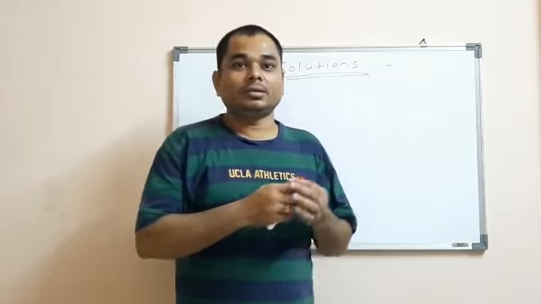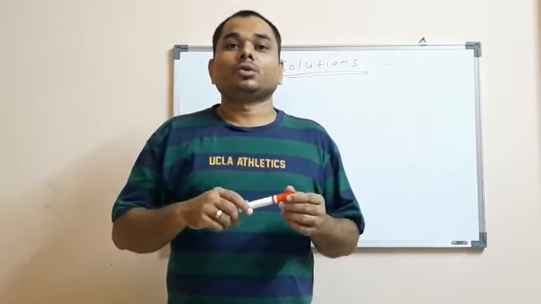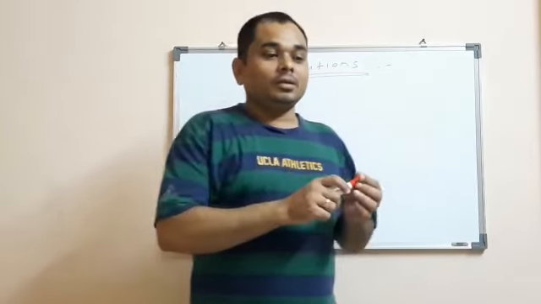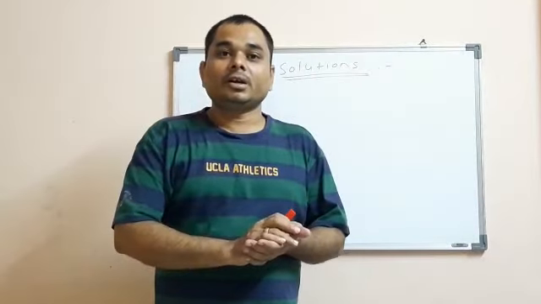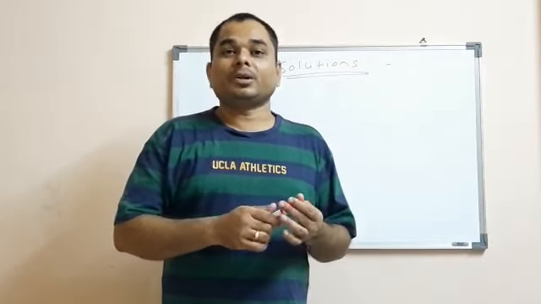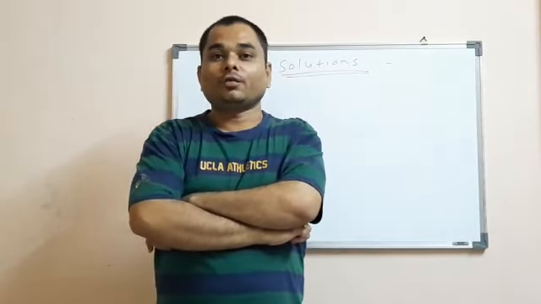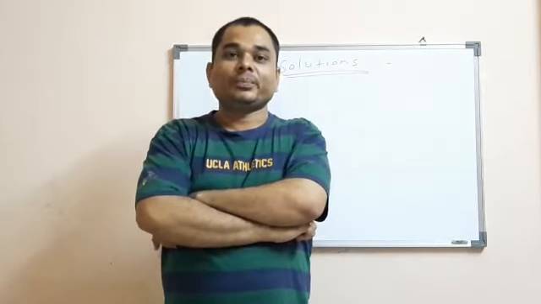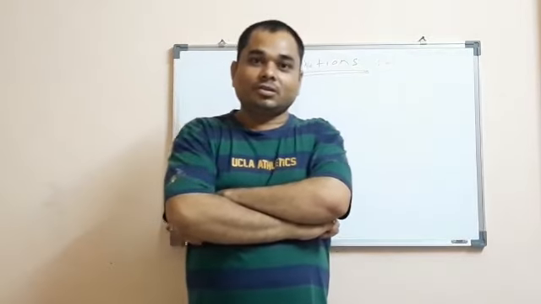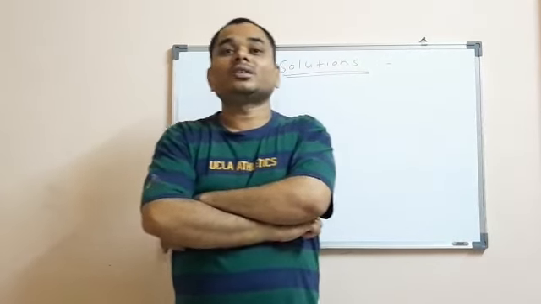Hello students, now we are discussing the chapter Solutions. In the first lecture we have already discussed the basics of this chapter. We have seen that a solution is a homogeneous mixture of two or more components, and in this syllabus we are mainly going to discuss binary solutions.